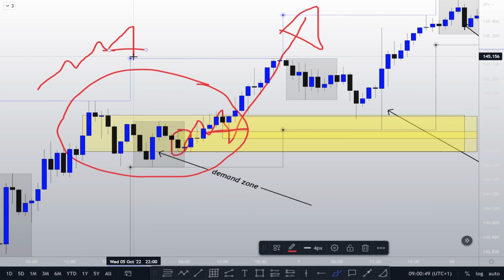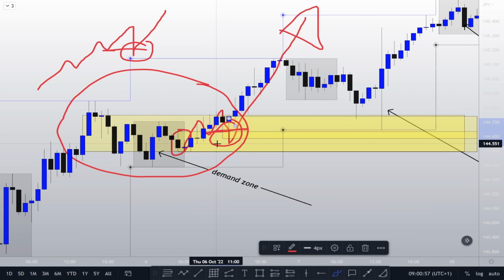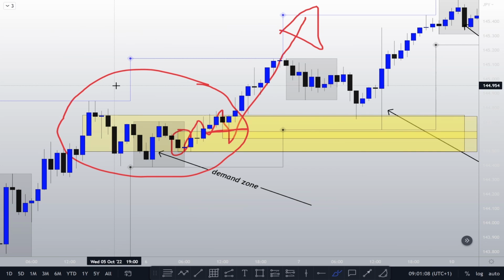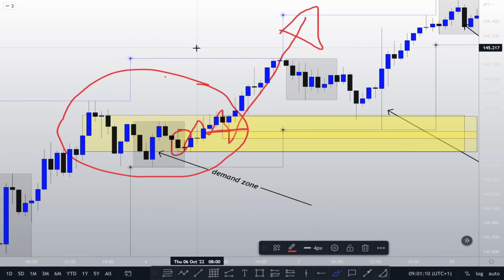That means that was a liquidity grab. This section over here is the section which I marked out. This candle right here is the liquidity grab, and liquidity grabs are areas where market makers establish their order blocks. That's where the market makers establish their order blocks.